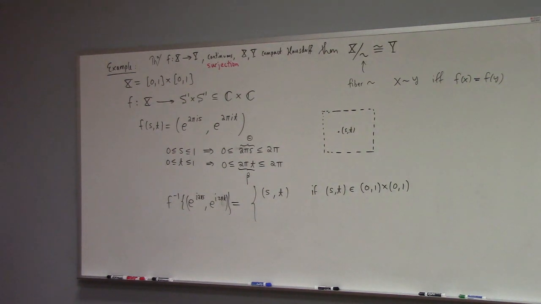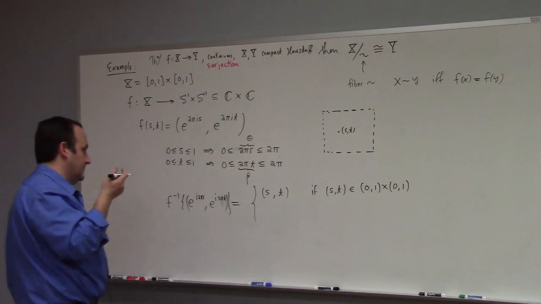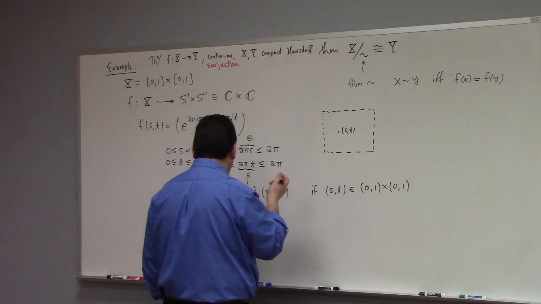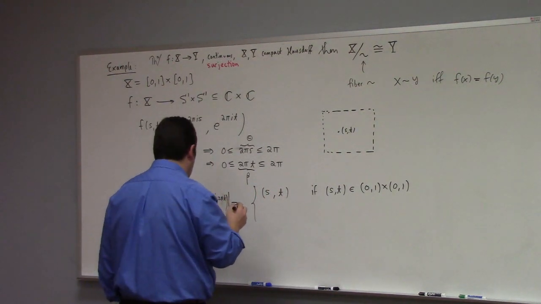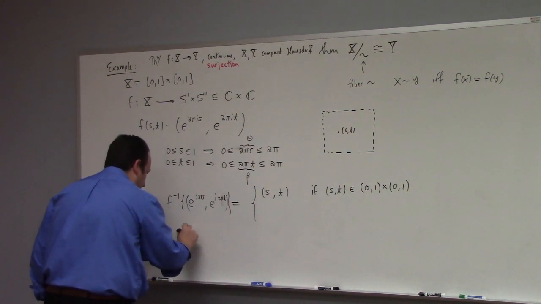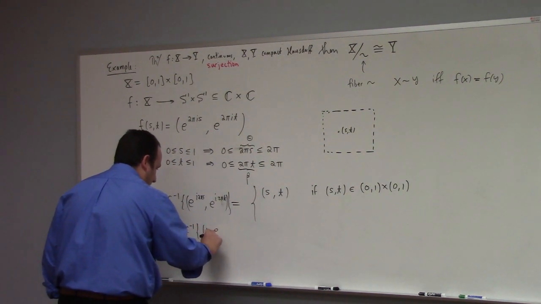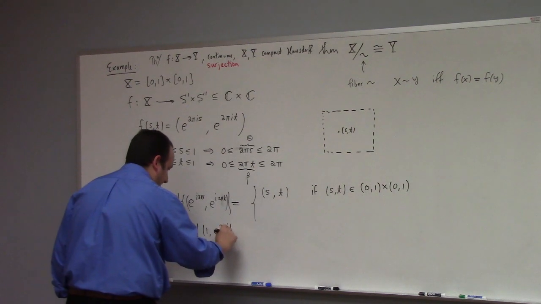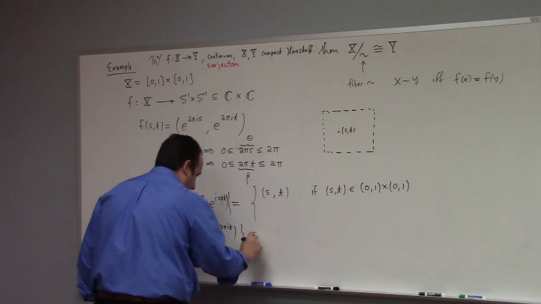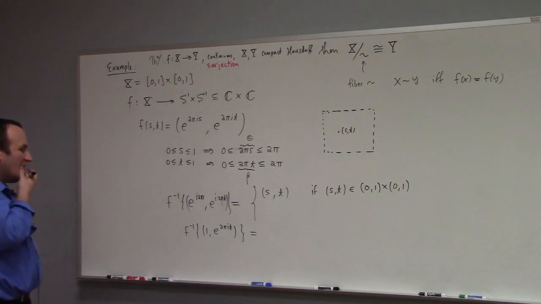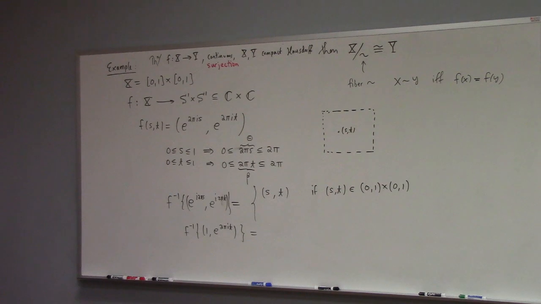But what happens if, let's see, what's the other case? Let me just write it separately. What would be the inverse image of, say, 1, e to the 2 pi i t? That would force s equal to what?